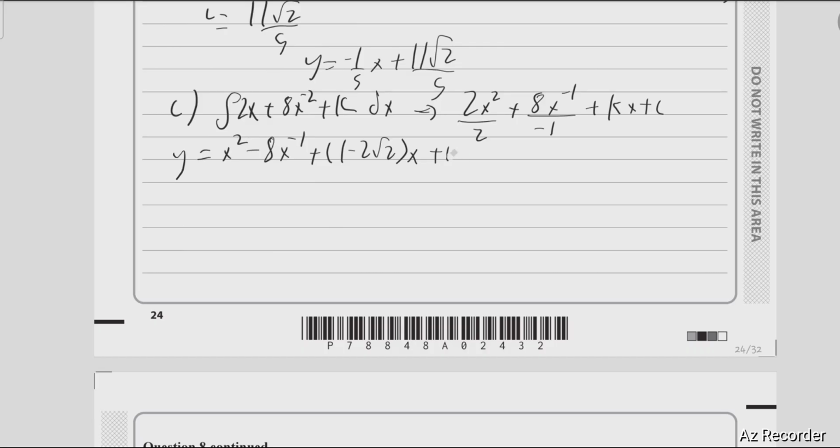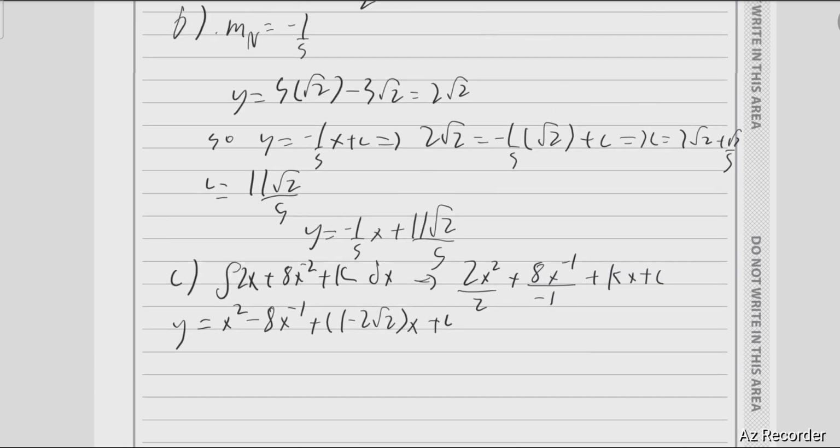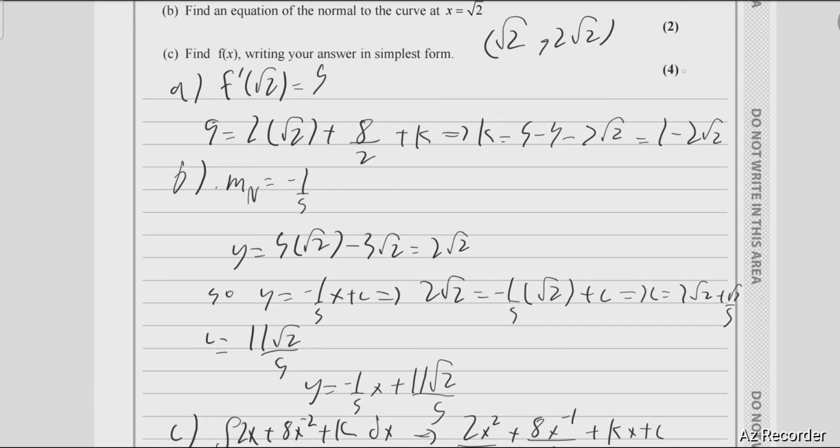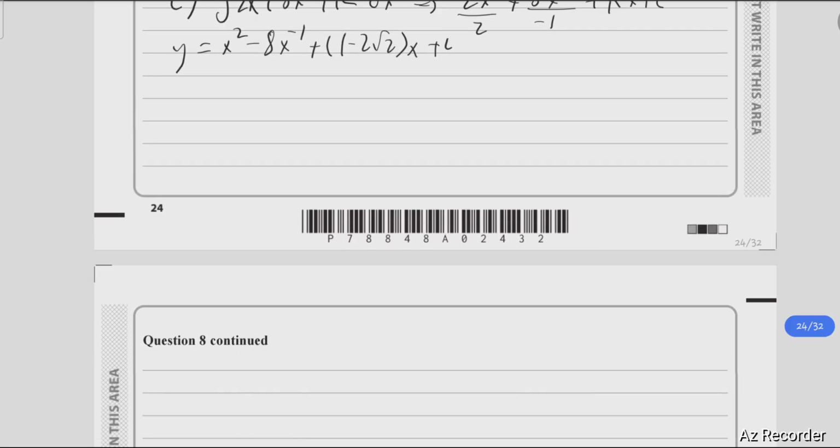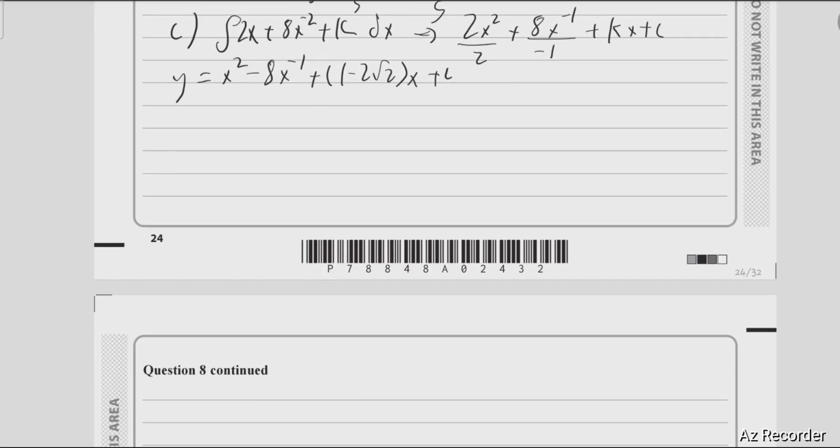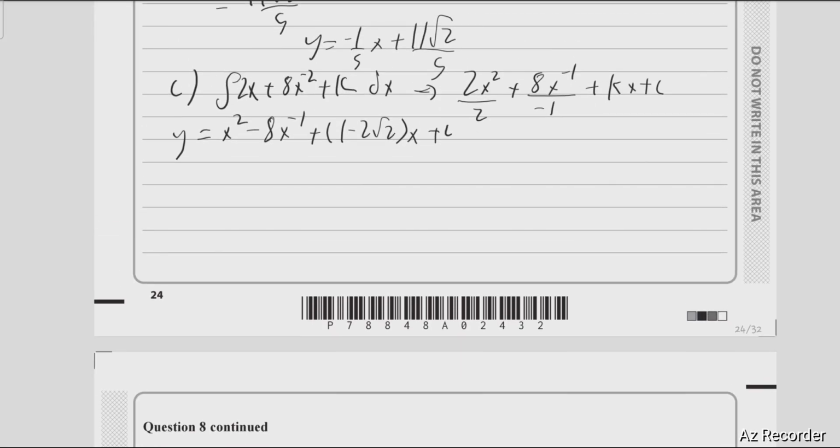Now if you stop here you could get like 2 to 3 marks, which is half the marks for the question. I mean it's good, but we need to get c first.